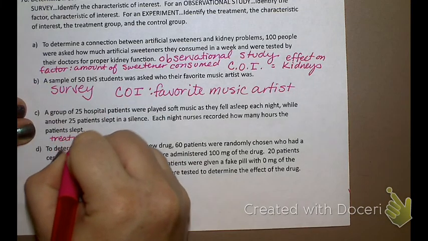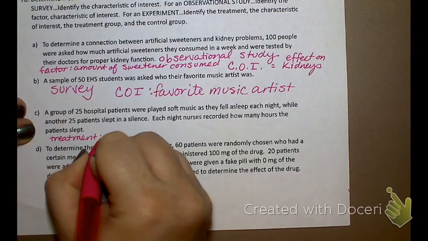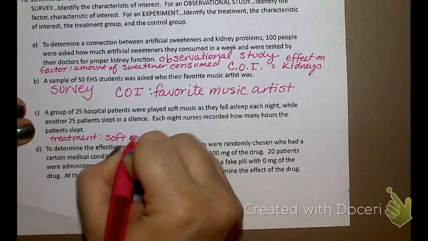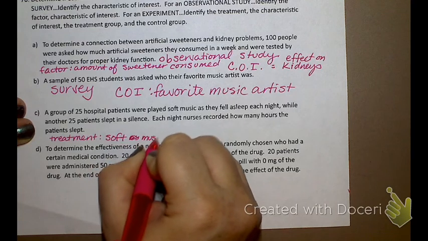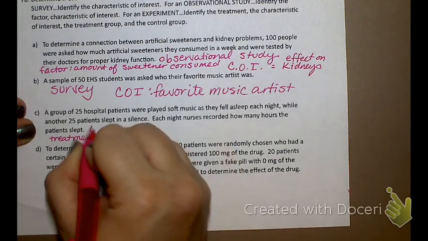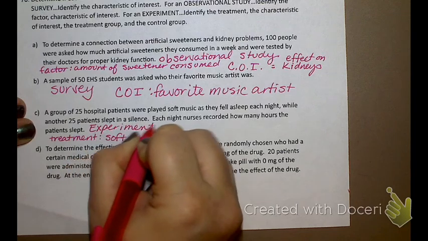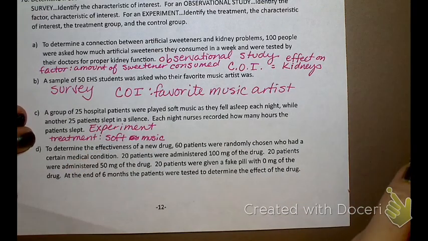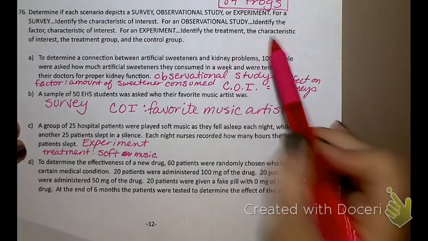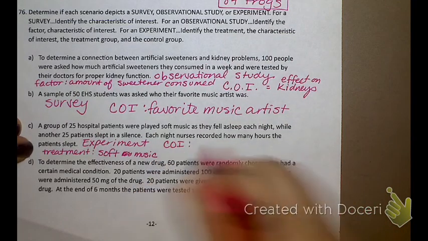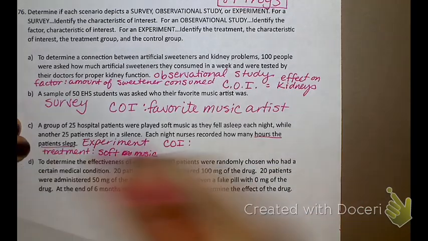So the treatment is soft music. Oops. Can't spell music. Is it an experiment? That makes it an experiment. As soon as there's a treatment, there is an experiment. So there's the treatment. What's the characteristic of interest? Hours of sleep.